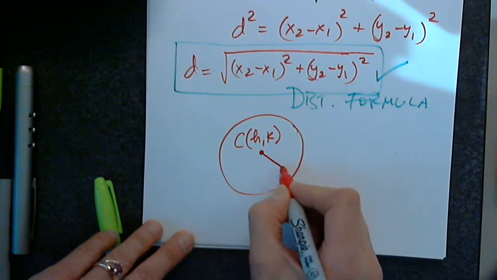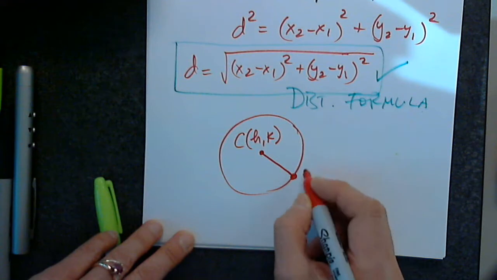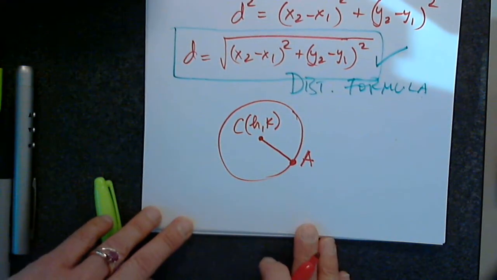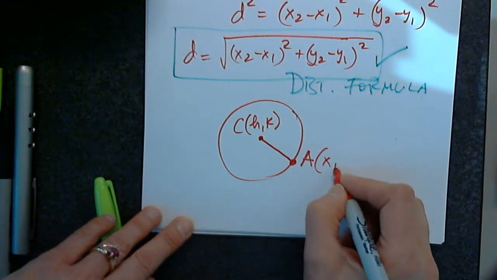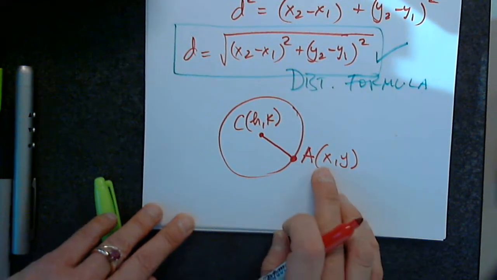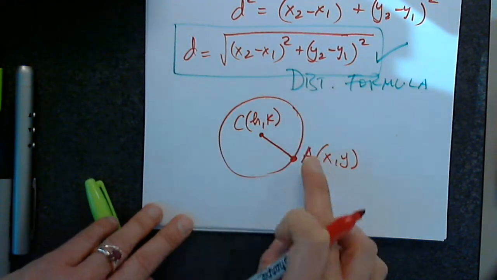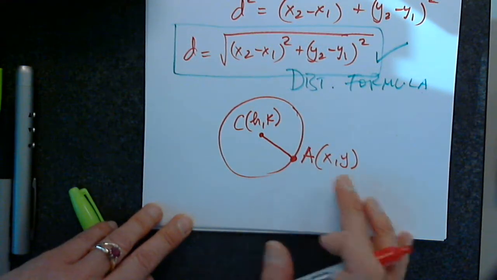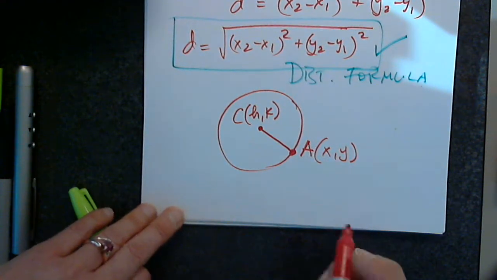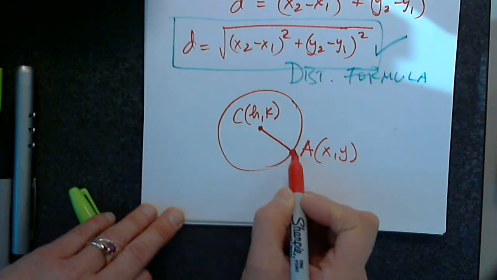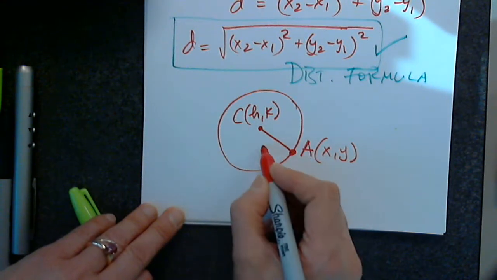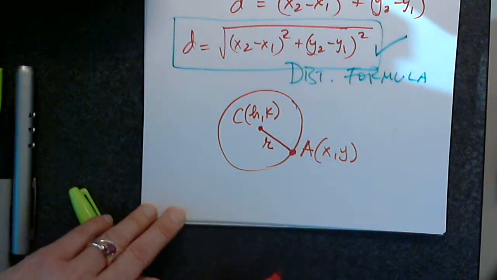And I'm going to say that this is a point A on the circle of coordinates x comma y. Of course, x and y have to verify the equation of the circle because the point is on the circle. I'm hoping that you would agree that the distance between A and C is the same as the radius of the circle.